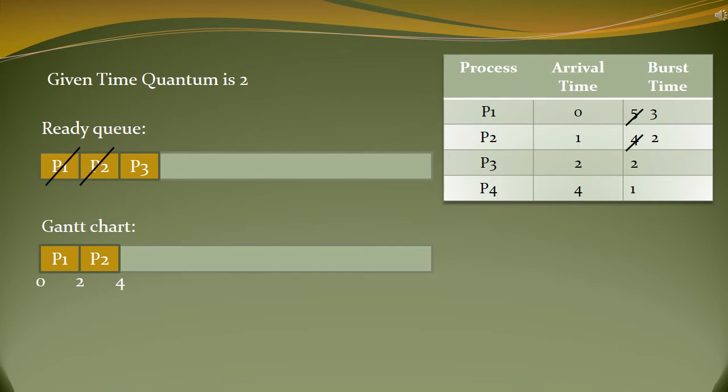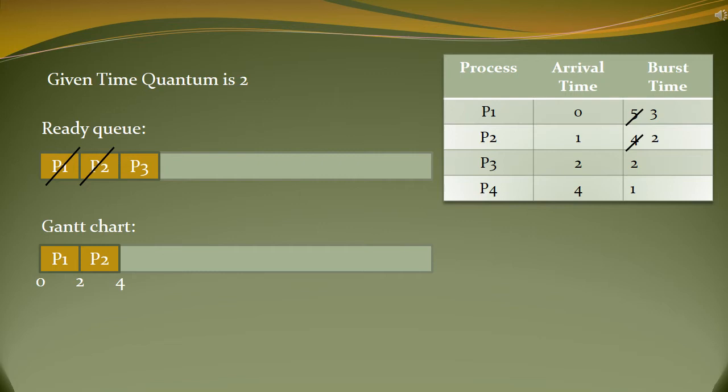Now the process P2 is transferred to the running queue or the Gantt chart. Here the context switch happens. That is, the process P1 is saved for later and the next process, that is P2, from the ready queue comes to be executed here.